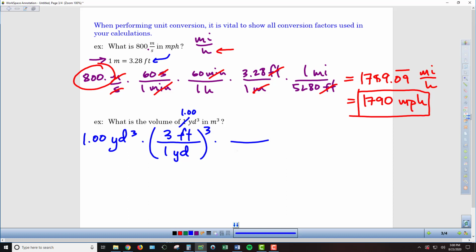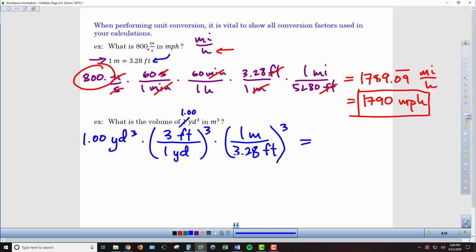So I'm going to go 3.28 feet to 1 meter. But once more, I need to cube that conversion factor so that I've got feet cubed canceling out with the feet cubed, and then the meters cubed is what's going to be left in the numerator.